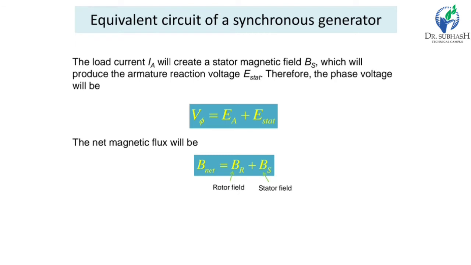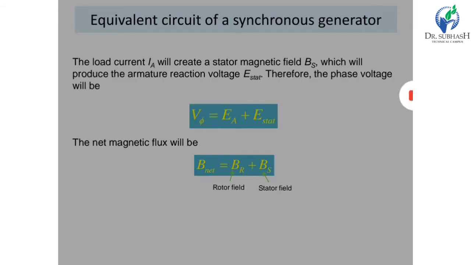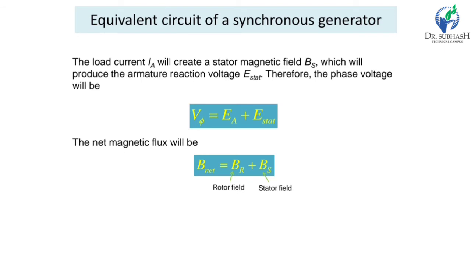The net magnetic field B net is equal to the sum of the rotor and stator magnetic fields. So we can write that B net is equal to Br plus Bs.